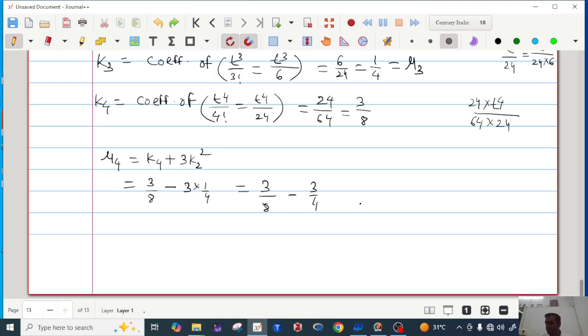Let me check; something is wrong. Just wait. It is right actually, it's not minus. Mu4 is equal to k4 plus 3 times k2 square. K4 is 3/8 plus 3 times k2 square.